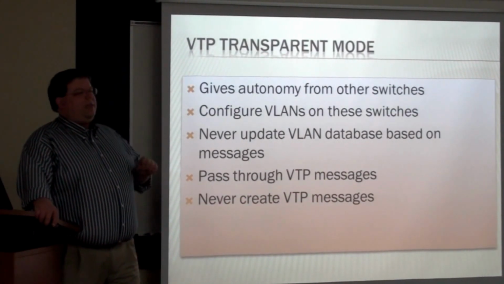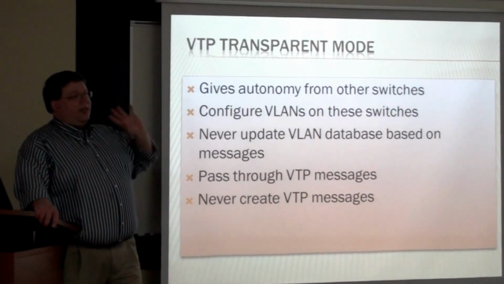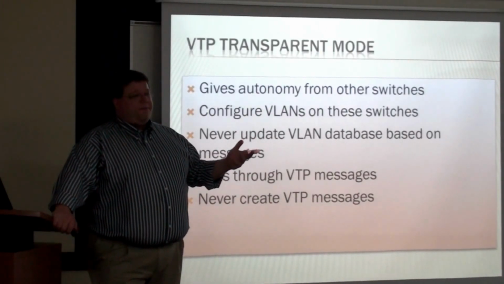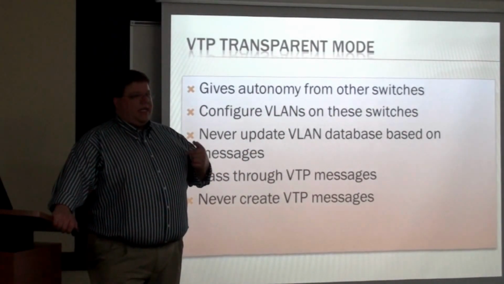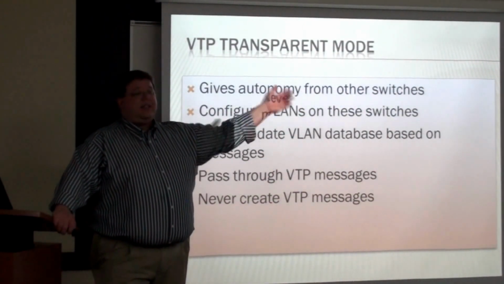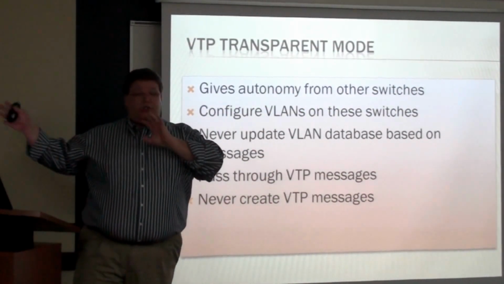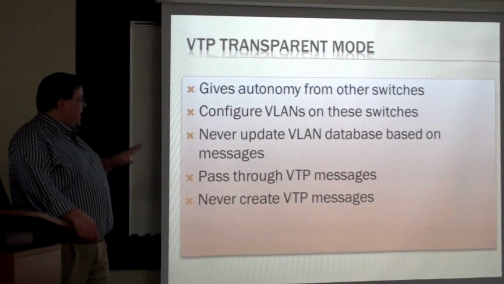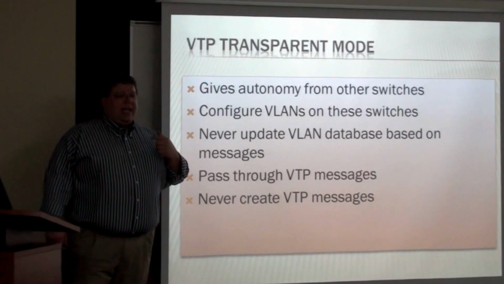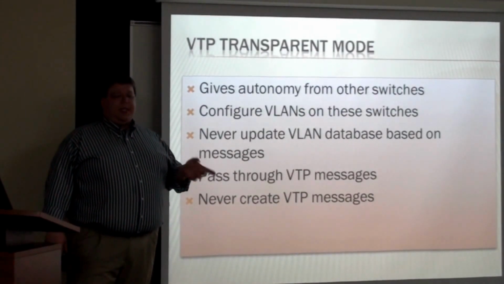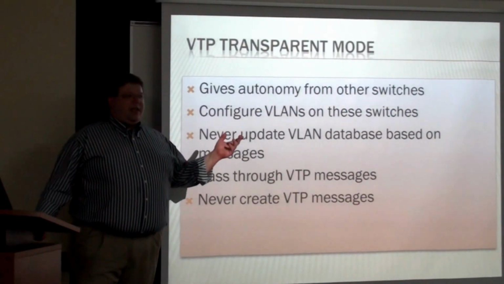So if it gets a VTP message, and there's a switch on the other side of it that is configured for the VTP domain, it doesn't update its database, but it will send that message on to the other switch that does. It politely says, okay, I'm going to ignore it, but here, you can have the message. And it never creates VTP messages and never floods your network with that information. So when you make a VTP change on that switch, it doesn't tell the entire world about it.